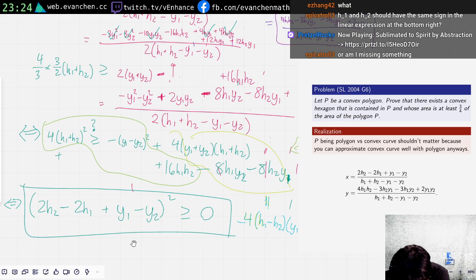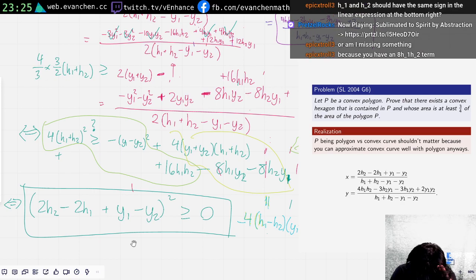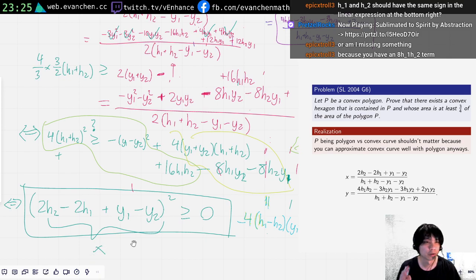Yeah. Okay, we're fine. That thing moved there. And so lo and behold, it's equivalent to this x being zero. The nice thing is, someone pointed out I've totally missed that. You have an 8H1 H2 term.